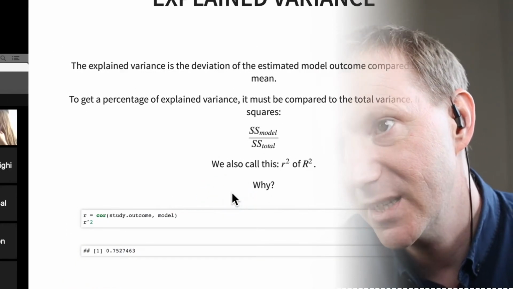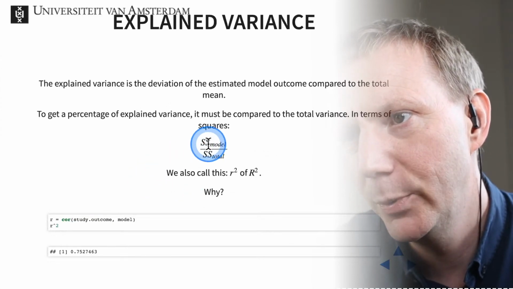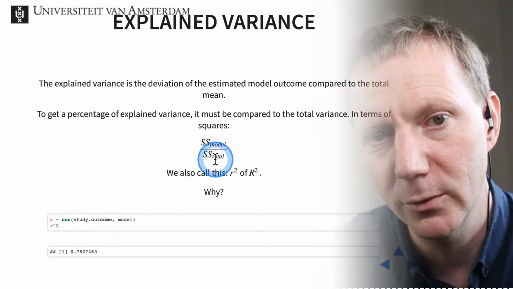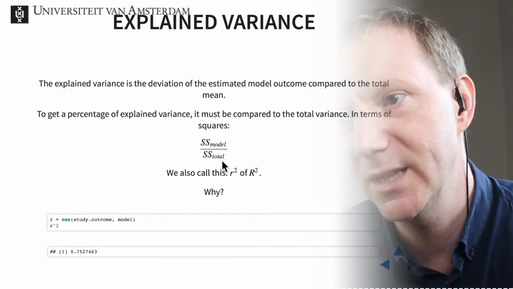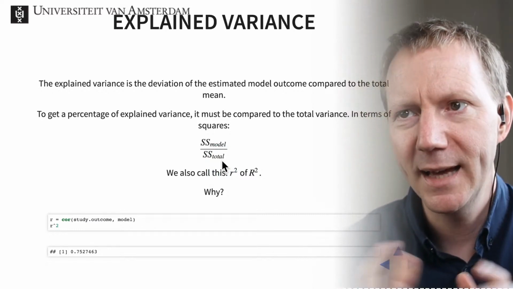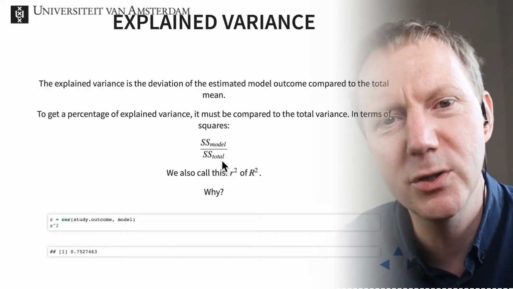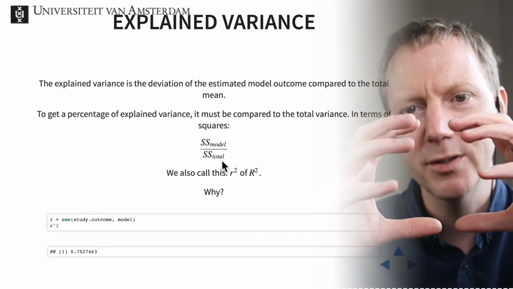But this is exactly the same as putting the sums of squares of the model over the sums of squares of the total. So it lands you the same number because it actually is doing the same. And this is where your explained variance term comes from. We're explaining a part of the total variance by our model.